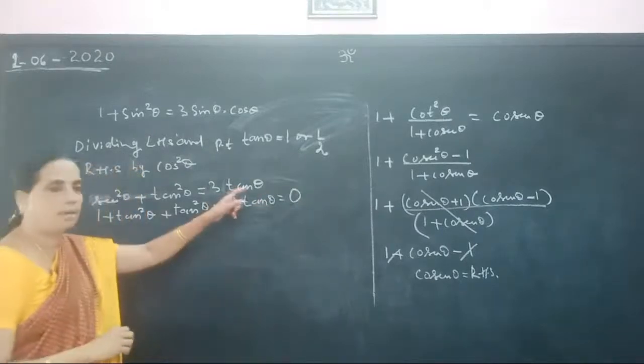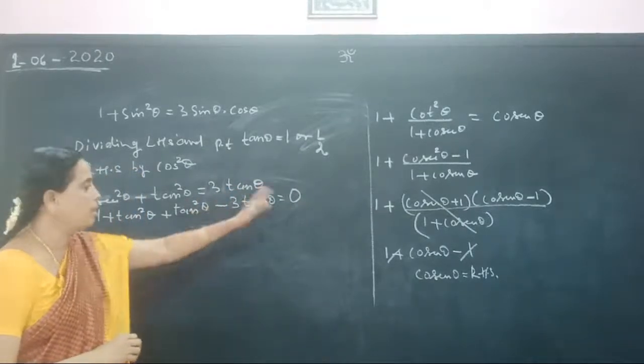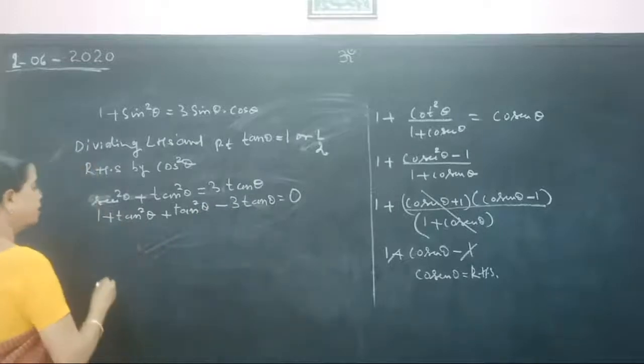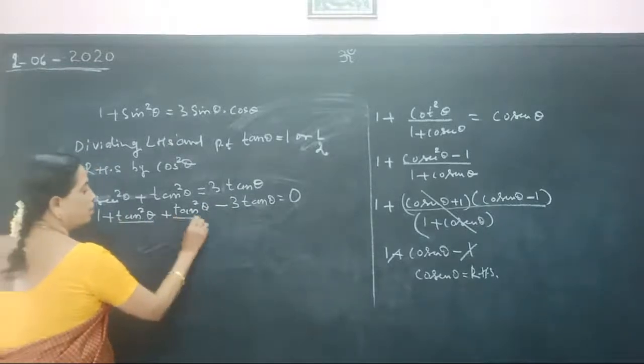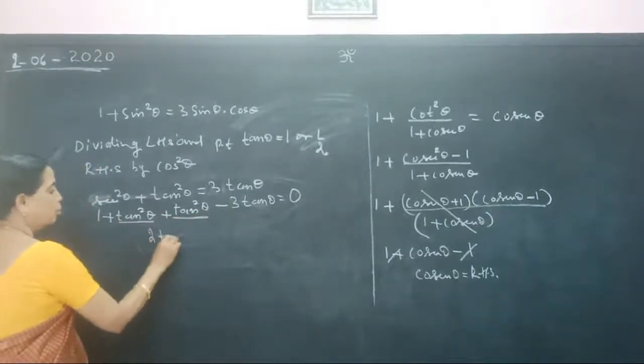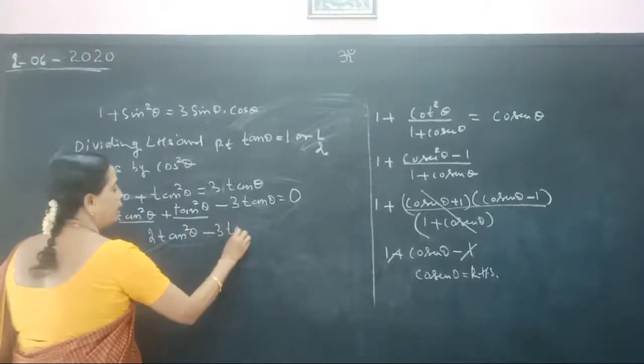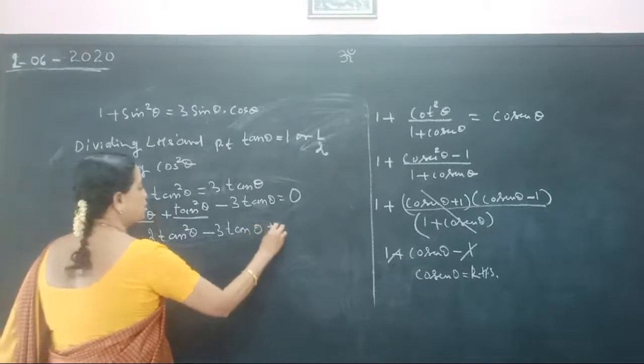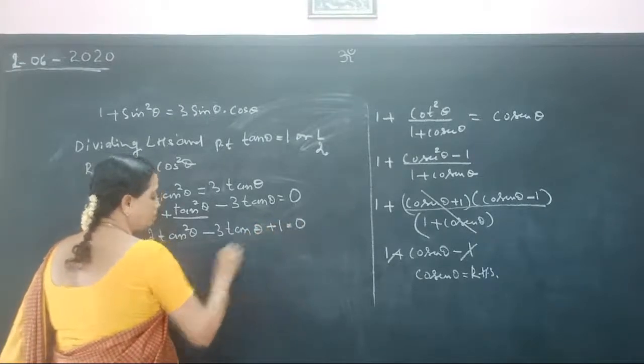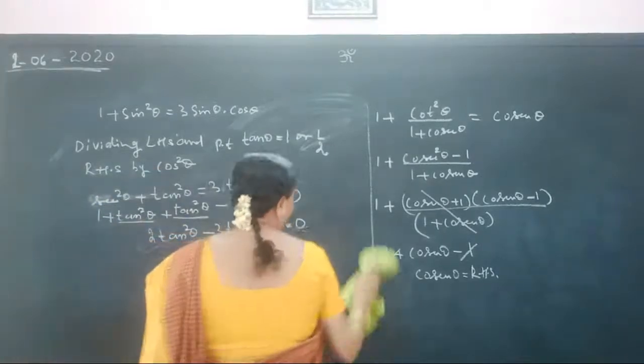When I transfer RHS to LHS, it becomes 0. Now rearrange it. Tan square theta plus tan square theta is 2 tan square theta minus 3 tan theta plus 1 equal to 0. This becomes a quadratic equation.